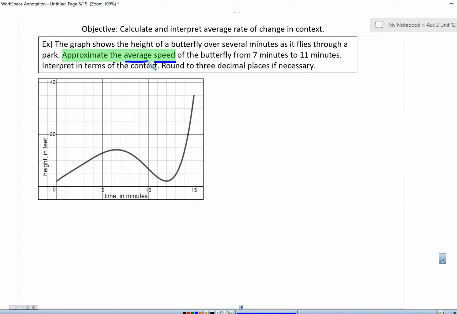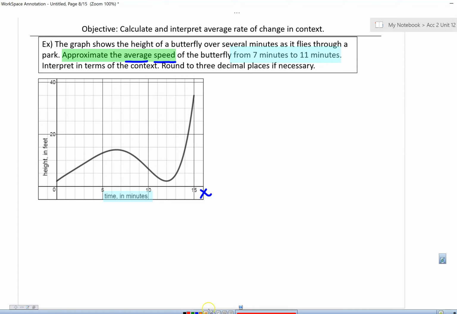So we're to approximate the average speed of the butterfly as it's flying, specifically from 7 minutes to 11 minutes. So notice our time in minutes are the x values, or if you preferred, you could call them t, since no variables are specified here. And we can see here that our y values correspond to height in feet.